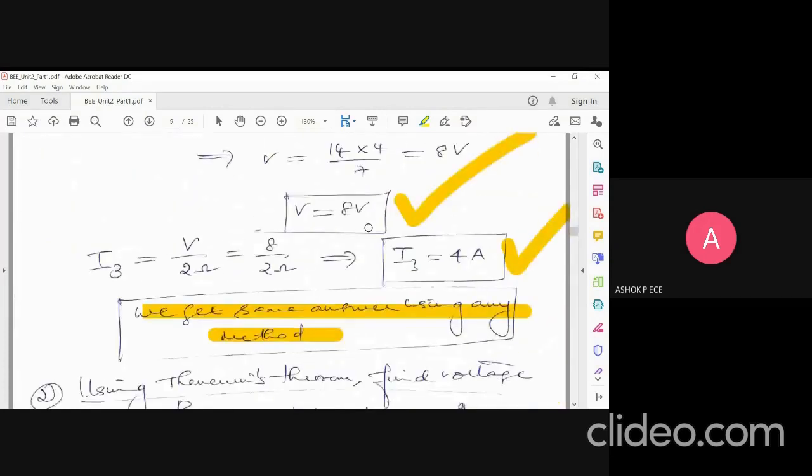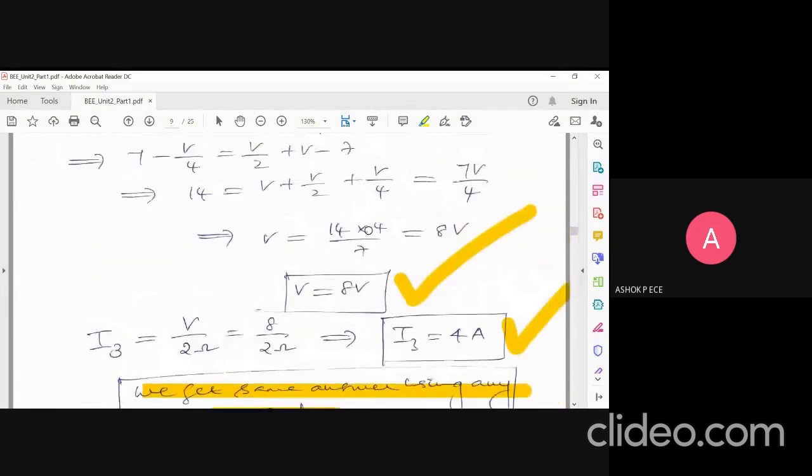Everyone getting the answer as 4 amperes. V is 8 volt and I is 4 amperes.